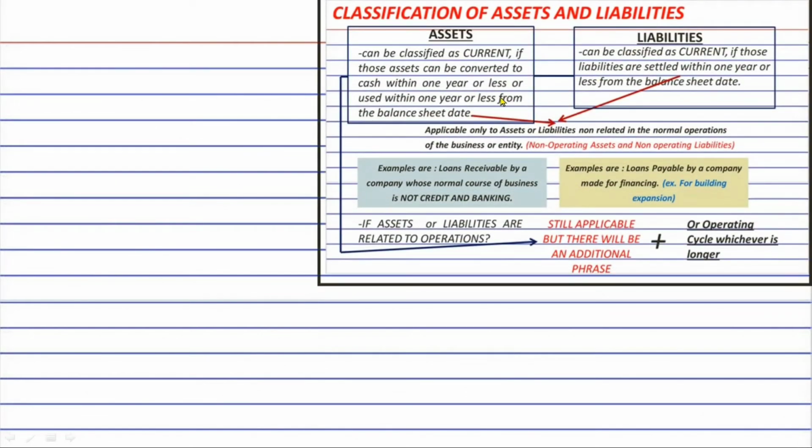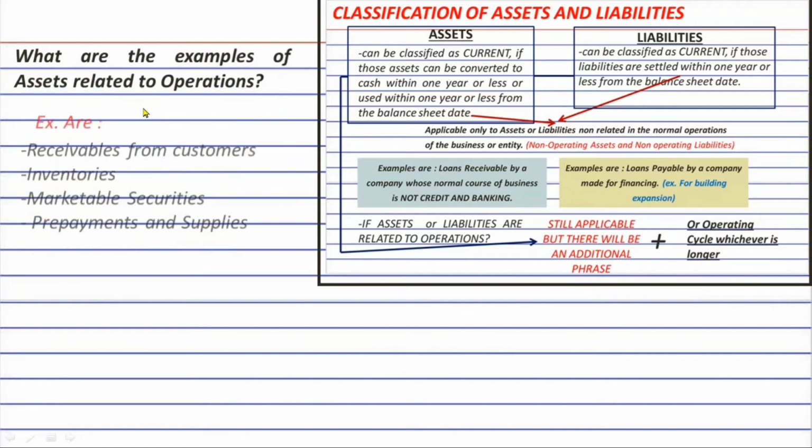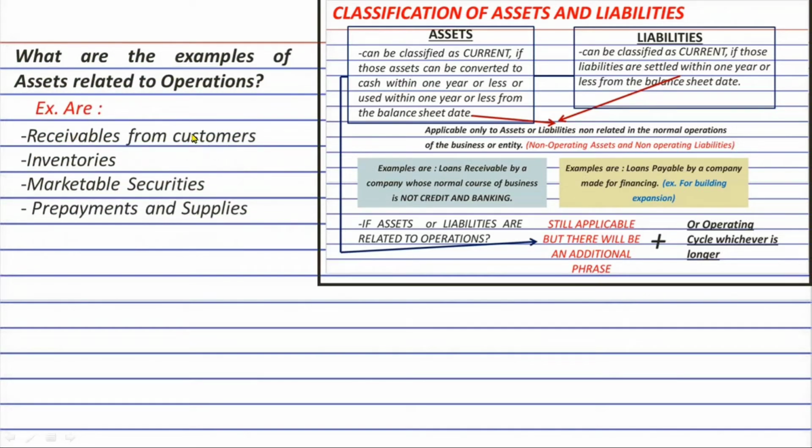Let's have the previous slide here first. What are the examples of assets related to operations? Examples are receivables from customers. And we also have inventories. No question about these two because they are very much related to operations of an entity, right?